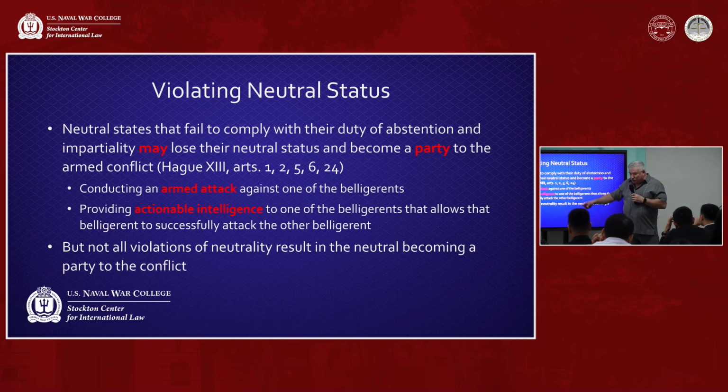Now, if the neutral were to attack a belligerent, or let's say provide actionable intelligence to one of the belligerents that would allow the belligerent to successfully engage a target, then those would be circumstances where the neutral has now crossed the line and would be considered a party to the international armed conflict.